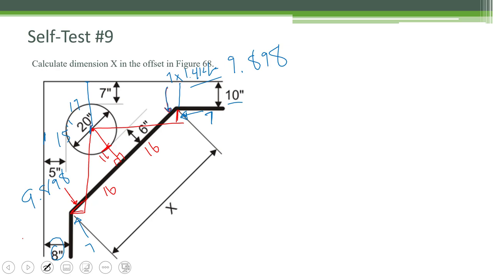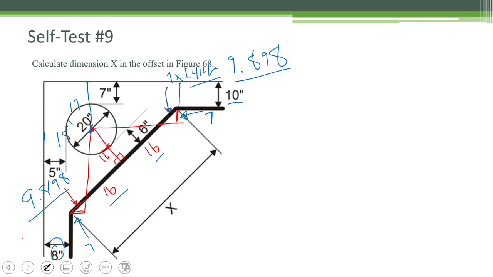So now I can just add them all up. So I have a 16 and a 16, a 9.898, and a 9.898. So 9.898 times 2 plus 32 equals 51.796.